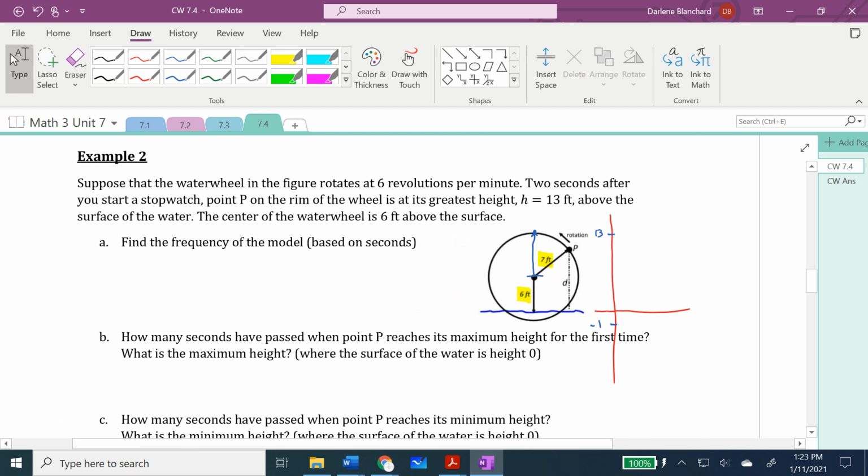And now let me just read the problem. Suppose that the water wheel in the figure rotates at 6 revolutions per minute.